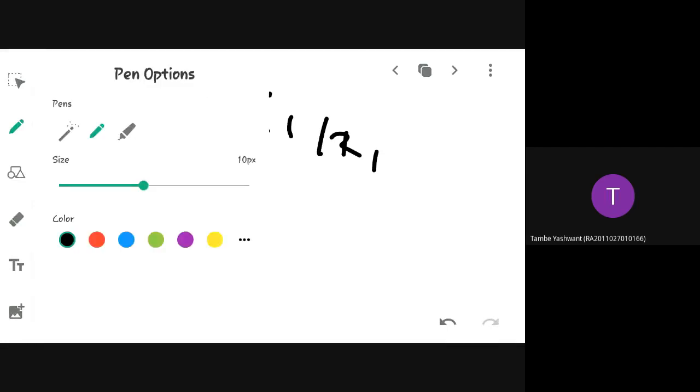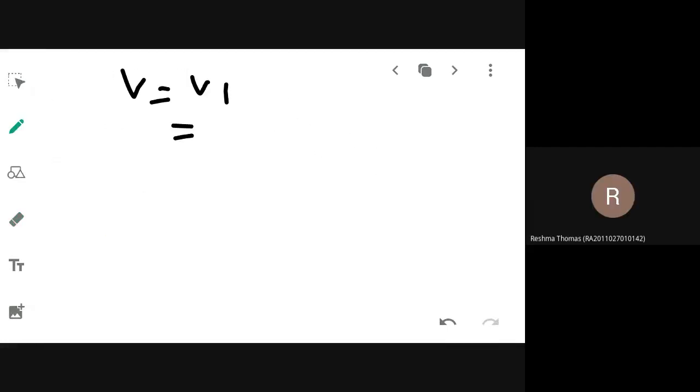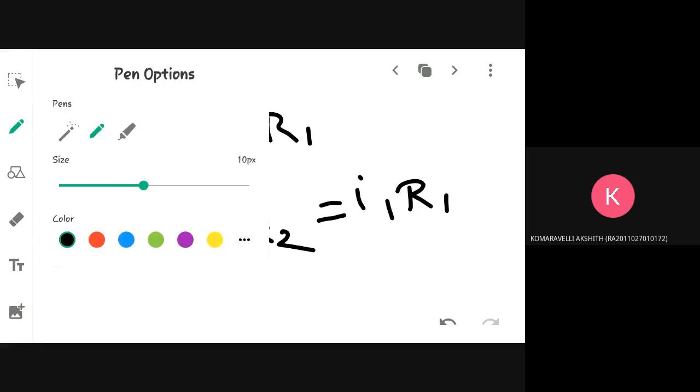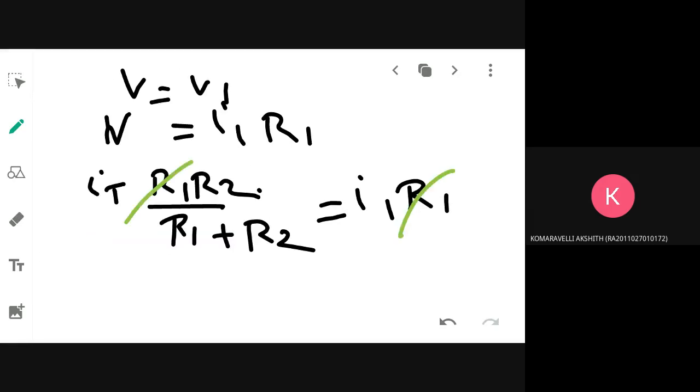V is equal to I1 into R1. So now tell me the equation: IT R1 R2 divided by R1 plus R2 is equivalent to I1 R1. Now I have written it correct. So if I solve, this R1 will get cancelled. I want the I1 value, so I1 equals IT R2 divided by R1 plus R2.